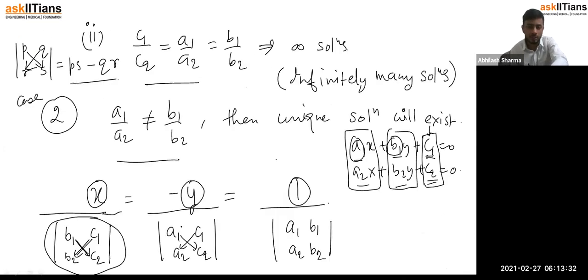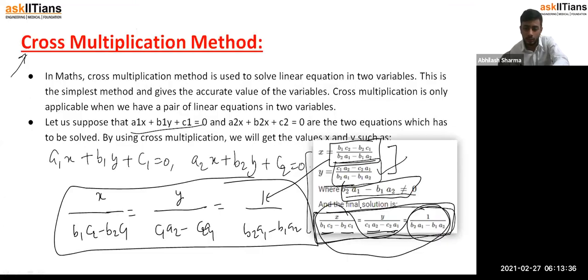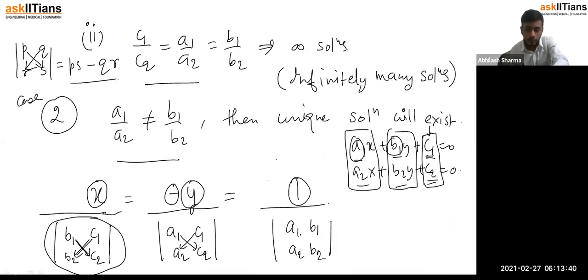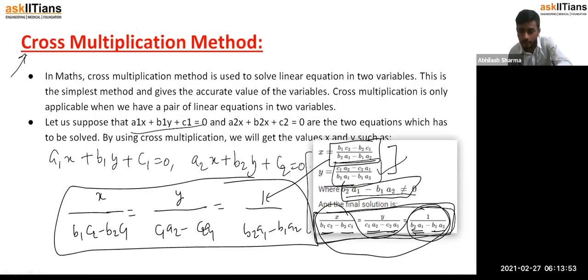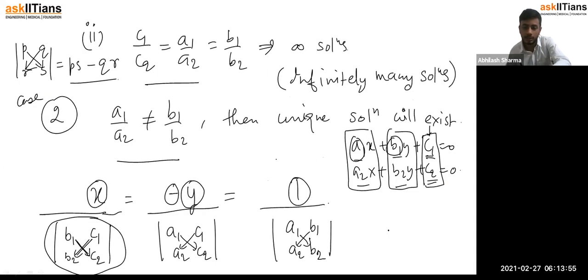We have obviously put our negative sign above, so this is correct. Here it was b2 a1 minus b1 a2, and here also we are obtaining the same thing. That's how we can easily remember this formula.